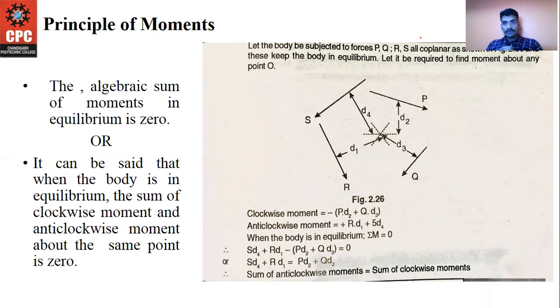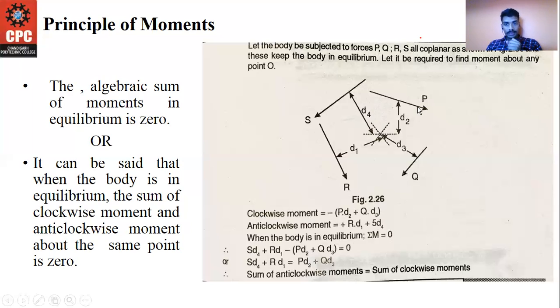Here you can see one example. Let the body be subjected to forces P, Q, R, S, all coplanar as shown in the figure. Here is a body acting with forces P, Q, R, and S. Let it be required to find the moment about any point O. Now we are calculating the clockwise moment, which I'm taking as negative.